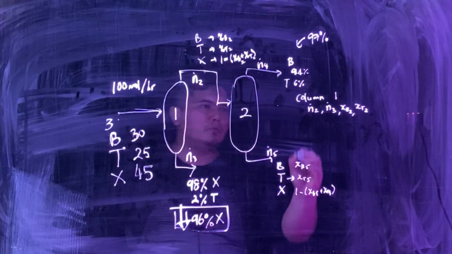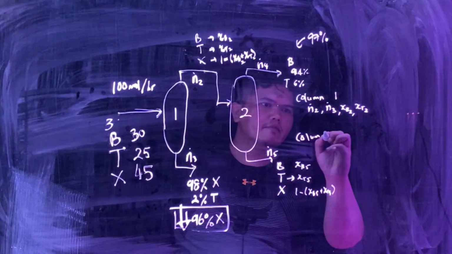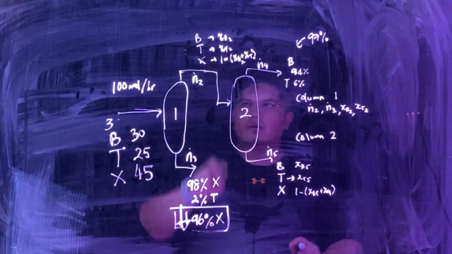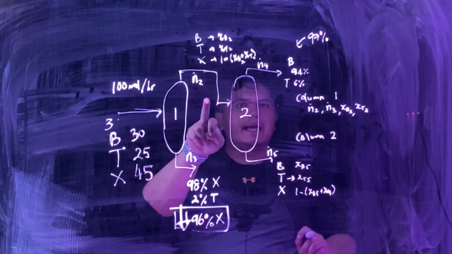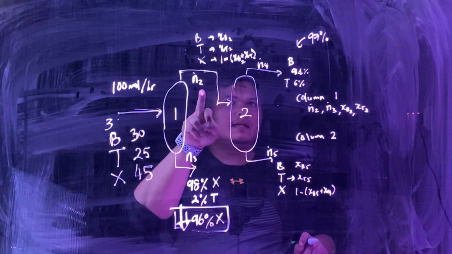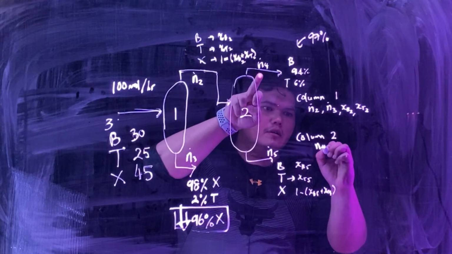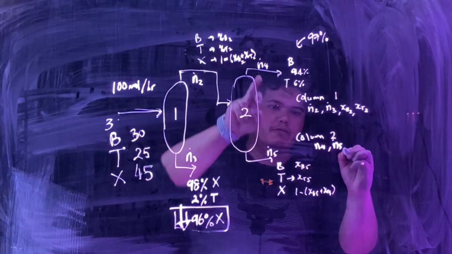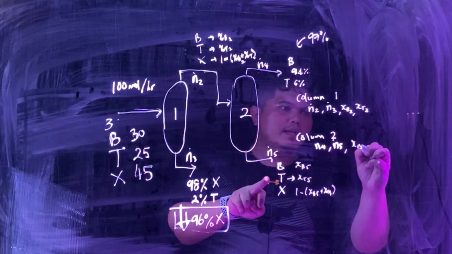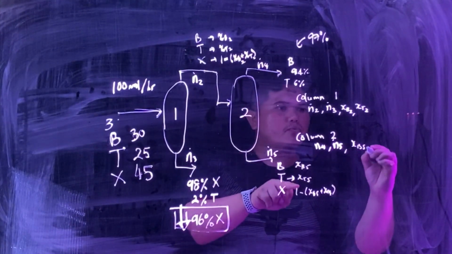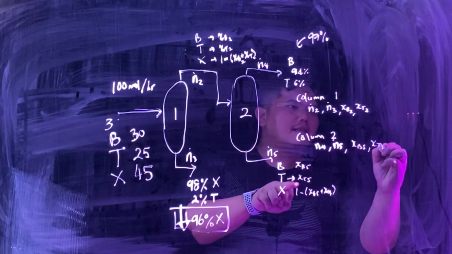How about column 2? In column 2, again, this is N2, right? We don't know what N4 is. We don't know what N5 is. We don't know what XB5 is, as well as what XT5 is.